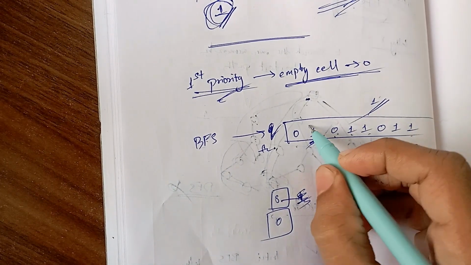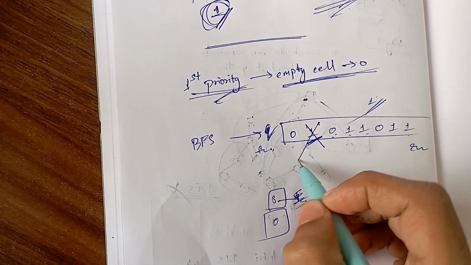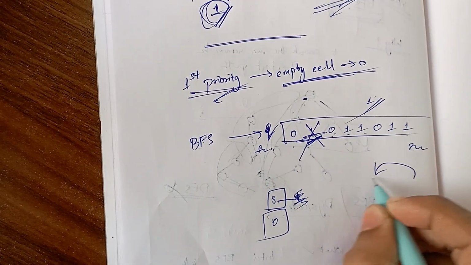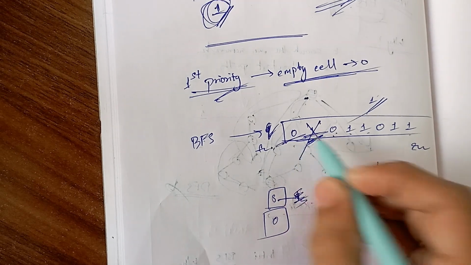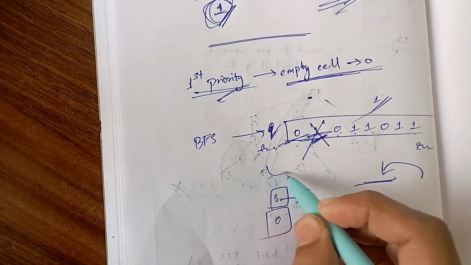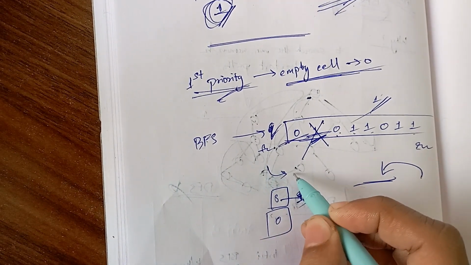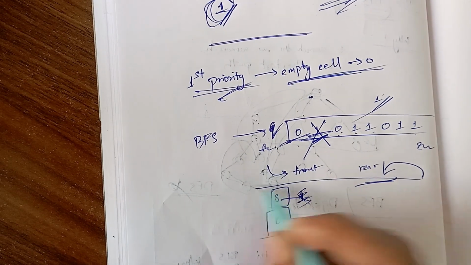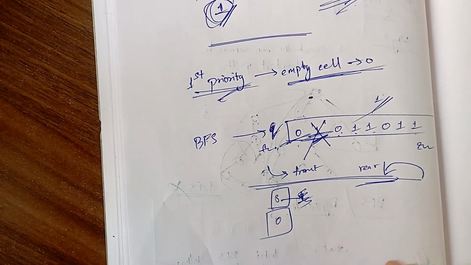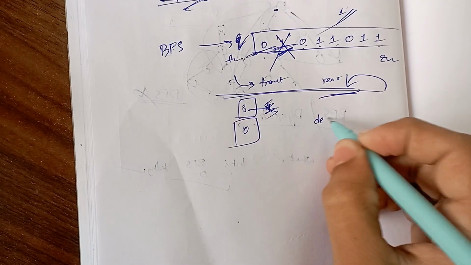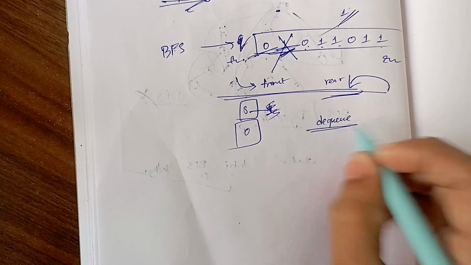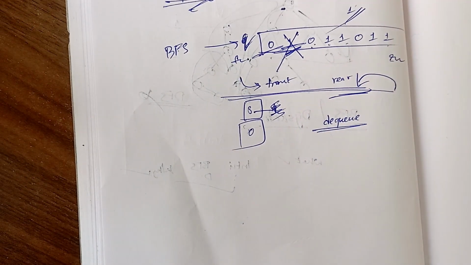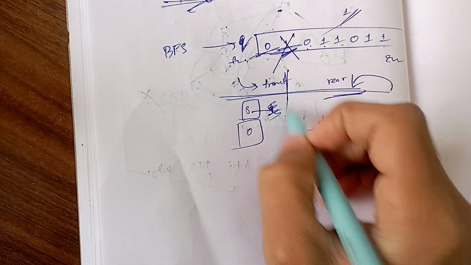So to avoid that, 1 should be pushed from the last and 0 should be pushed from the front. So what is the data structure which we are going to use? Absolutely, it is a DQ. So you can push from front, push from rear, and you can pop only from the front.